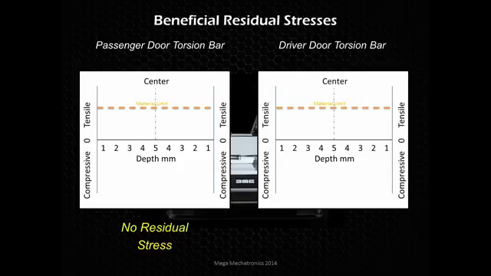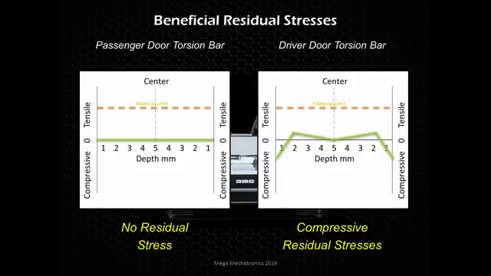So let's say the quality engineers found out that there was no residual stress on the passenger door torsion bar. And on the driver's side, where it didn't fail, they found compressive residual stresses at the surface. So both of these parts are unloaded at this point.